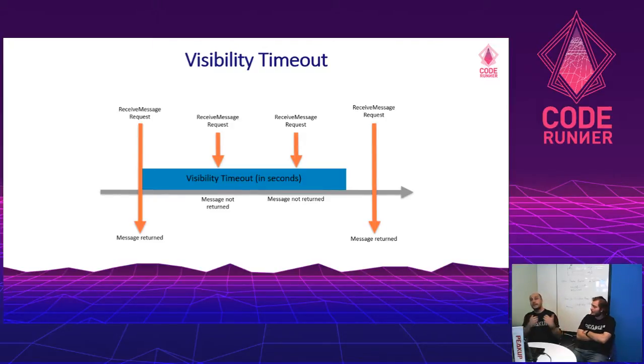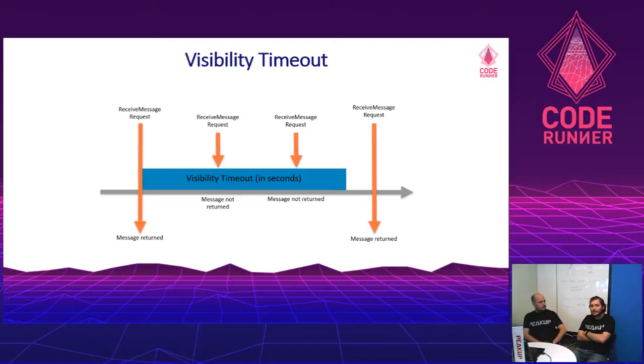And you are responsible for deleting the message when you finish with it. If you don't delete that message, after the visibility timeout the other client can take it, see that message and process it again. Visibility timeout is actually how much time you're going to spend with that item in your job or something.